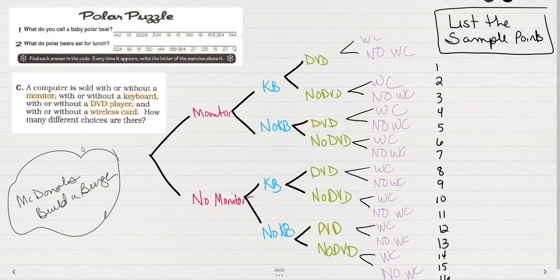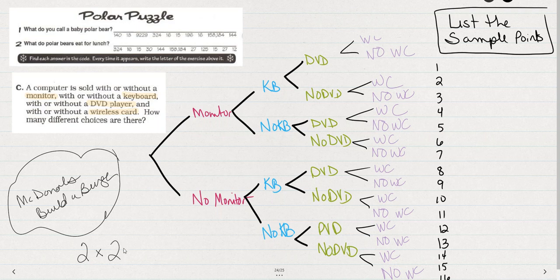For each of these options, the monitor, keyboard, DVD player, and wireless card, you've got either a yes or a no. Yes to the monitor or no to the monitor. Yes to the keyboard or no to the keyboard. Yes to the DVD player or no to the DVD player, or so on. So what we're going to end up doing is saying that each choice has two options.